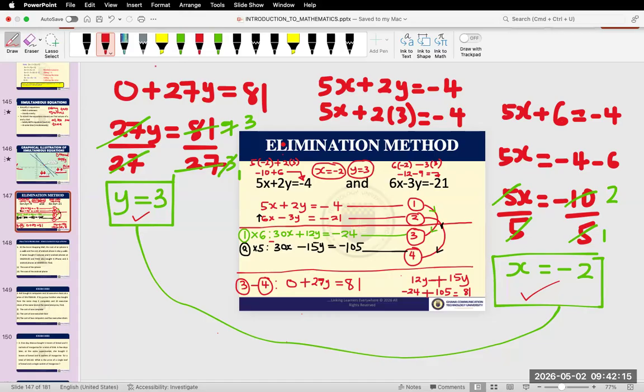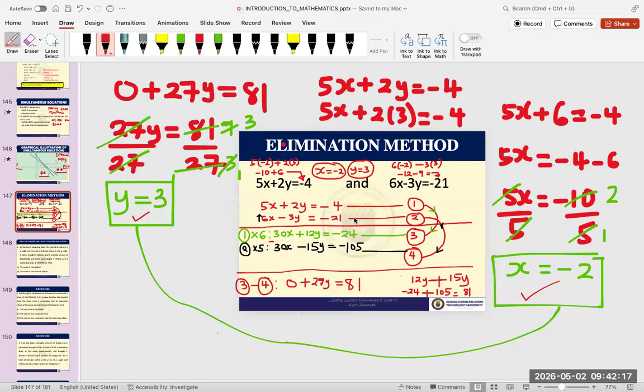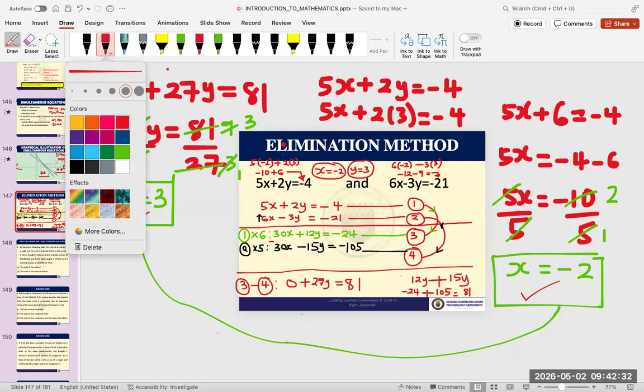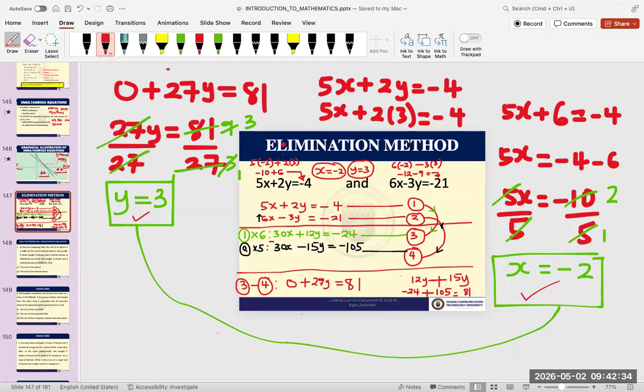Instead of multiplying 5 with equation 2, and 6 with equation 1, can we also multiply 2, the coefficient of y, by equation 2 and 3 by equation 1 in that order? So that when we do that, we eliminate y, then we first of all find x.